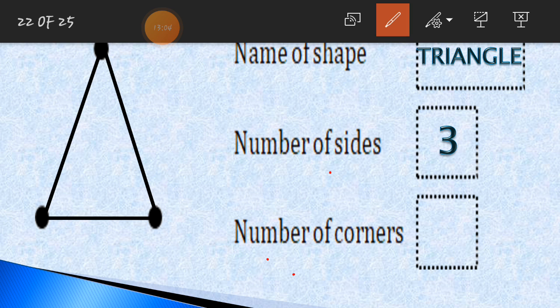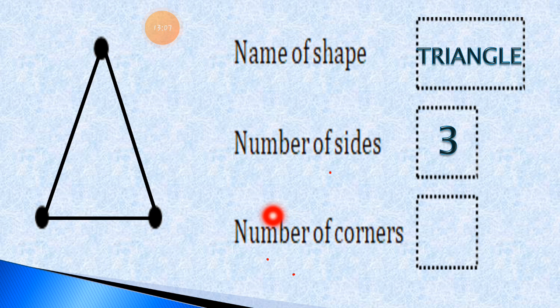Now let's find out how many corners this triangle has. What do we have to find out? How many corners this triangle has. We have to find out as we found in the rectangle also. We did it in the rectangle, and we have to do the same thing in the triangle also.